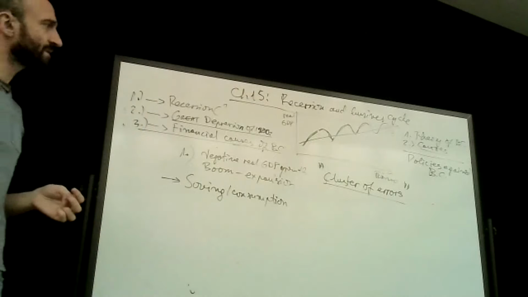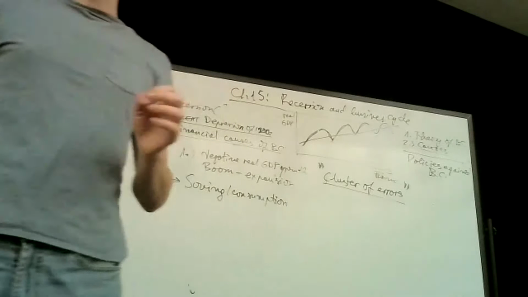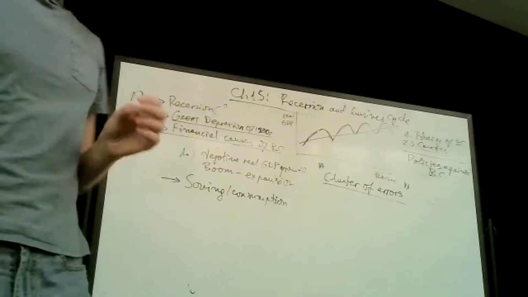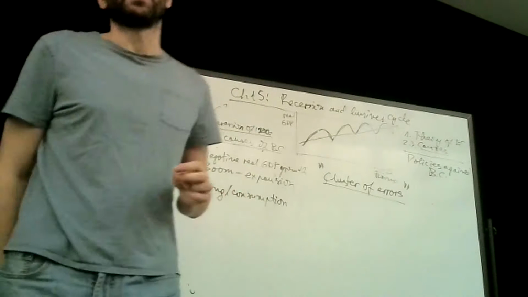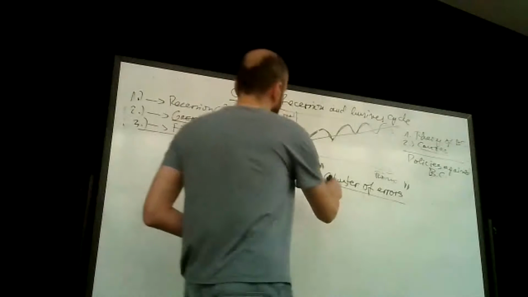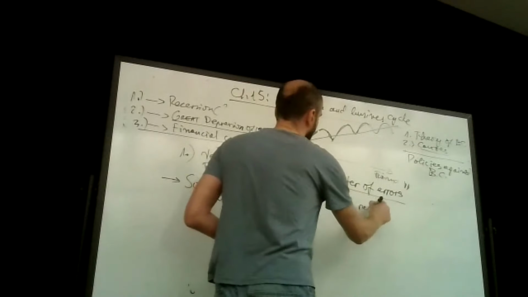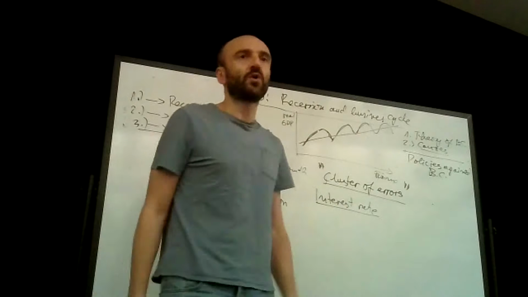What is the technical instrument that best describes this trade-off between savings and consumption? This concept is called interest rate. An interest rate, you can call it the price of time.